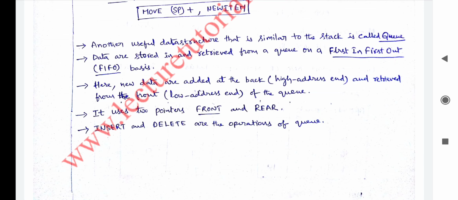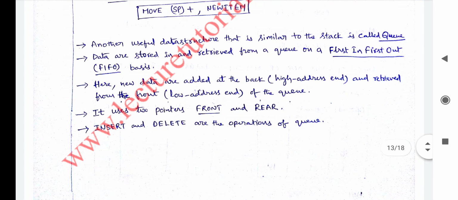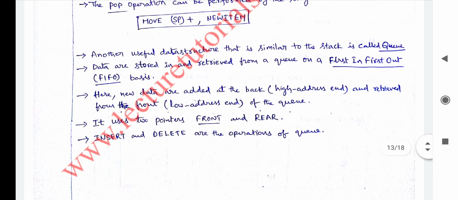Here we have to use two variables, called front and rear, for inserting and deleting. If you want to insert an element into the queue, we use the rear end, and the front end is used to delete an element from the queue.